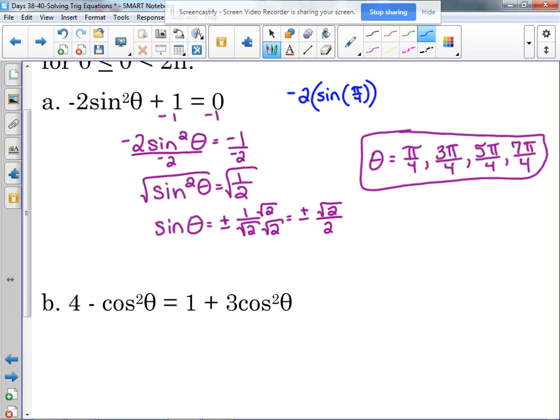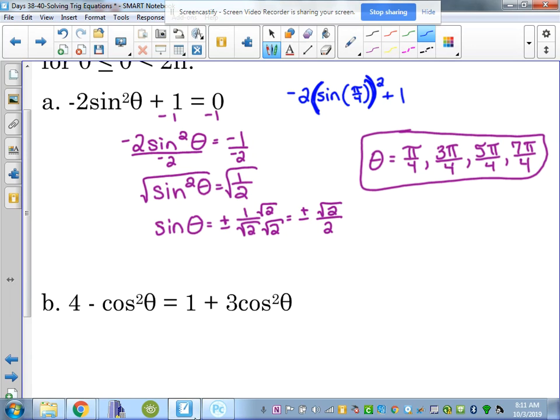Okay, they do not give you the option to put the squared between the trig function and the angle. So what you have to do is put an extra set of parentheses around your trig function. So you've got the sine of pi over 4, and then you have parentheses around that to tell the calculator, okay, take that value and square it.